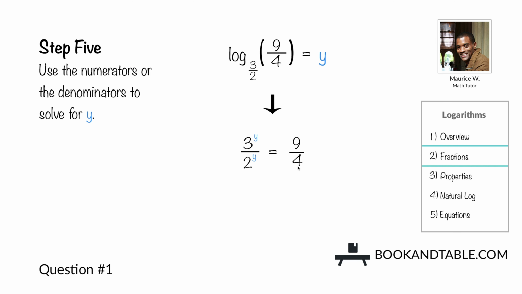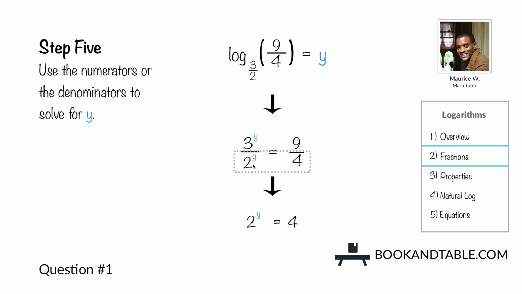So now step 5, we want to use the numerators or the denominators to solve for y. If we use the numerators, we get 3 to a power of y is equal to 9. Now we want to multiply the base 3 times itself until we get 9, and 3 times 3 is equal to 9. So we have to multiply the base times itself 2 times, showing us y is equal to 2.